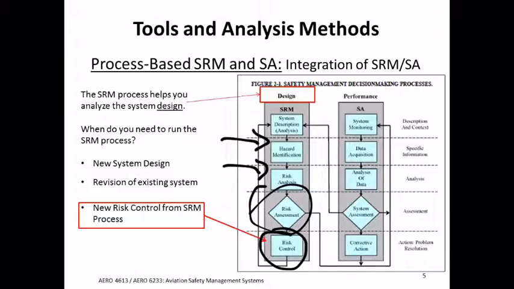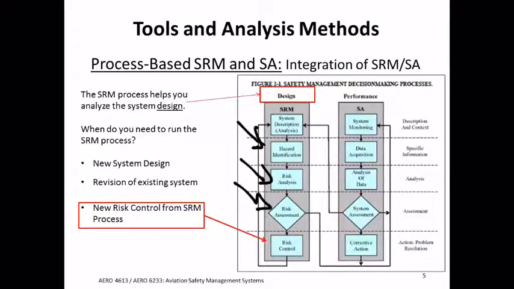Then the process with these controls goes back to the beginning and starts again. Now we reanalyze the system with the controls in place. Hazards are identified again, risk is assessed, risk is analyzed, and then the decision is made. The severity and likelihood criteria are evaluated through the lens of your controls.